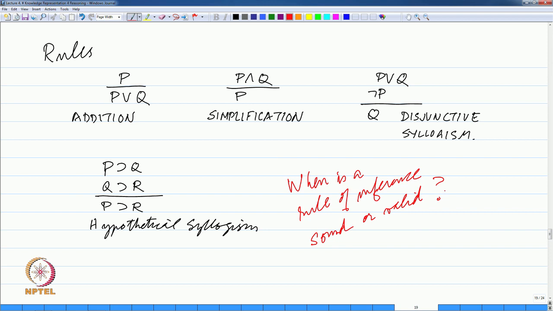What we mean by that is that if you are looking at a set of true formulas, then a sound rule of inference will only allow you to add formulas which are necessarily true essentially. So, the answer to that is that it must be based on a tautological implication.